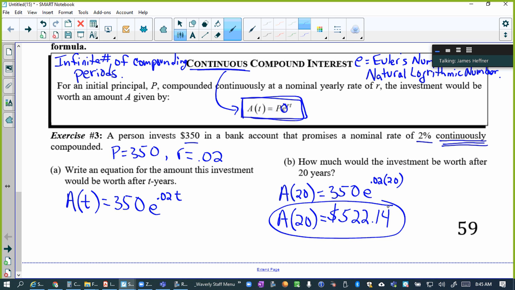All right, does anybody have any questions on compound interest? So you got to know, like, if something's compounded, you know, bi-weekly, you got to know what value to use for n. So you may need to refer back to this page here, okay, till you get it straight in your head. If it's compounded continuously, we have to use this other new formula, the P e to the rt, Euler's number, okay?